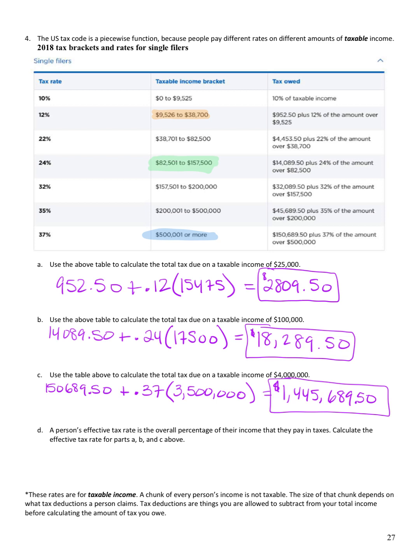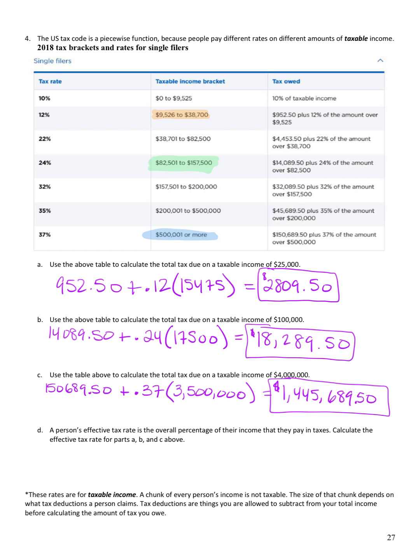A person's effective tax rate is the overall percentage of their income that they pay in taxes. Often when people talk about their tax rate, this is what they're talking about. So the effective tax rate for each of these is the amount of money they pay as a fraction of their taxable income.